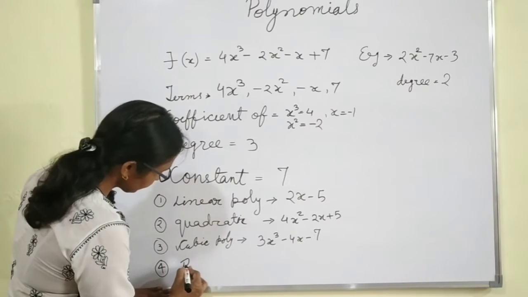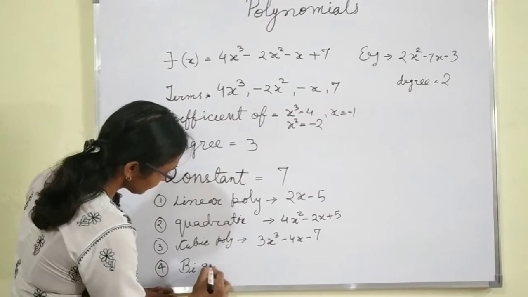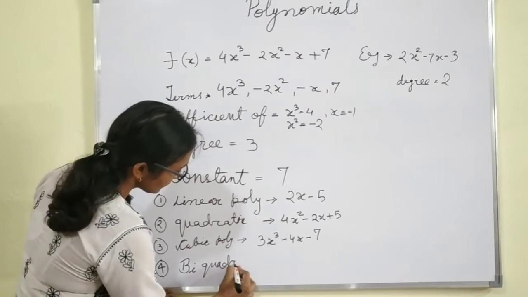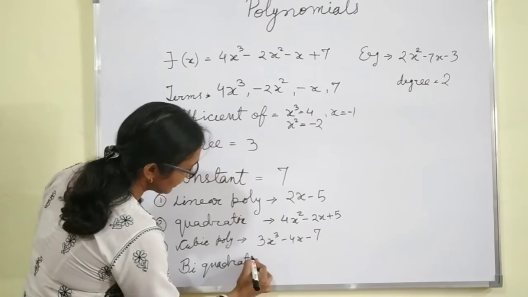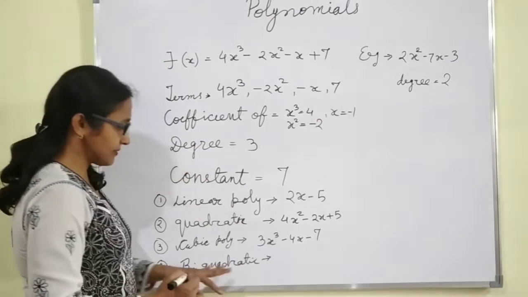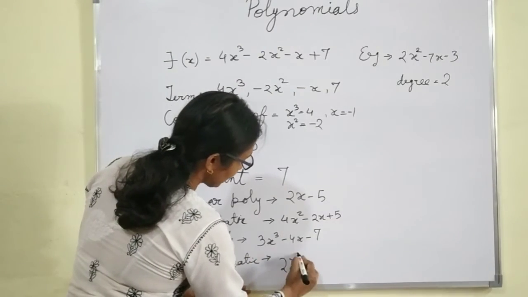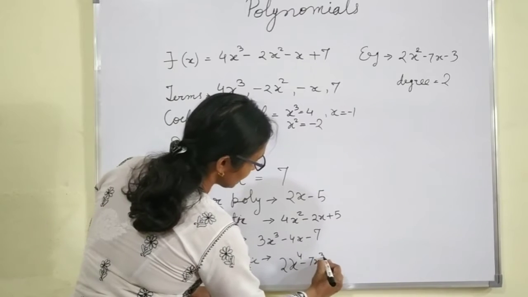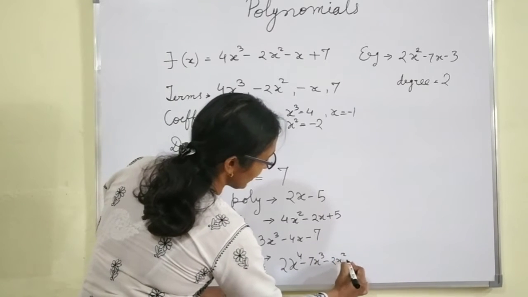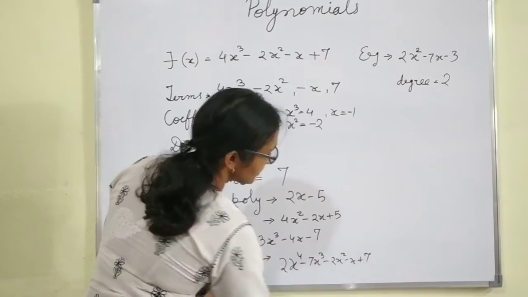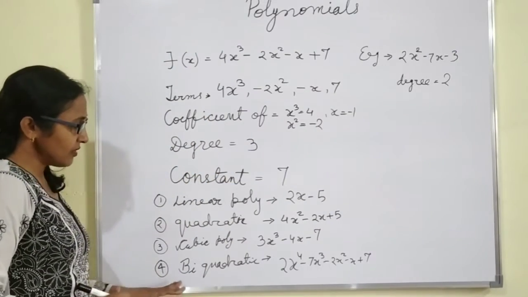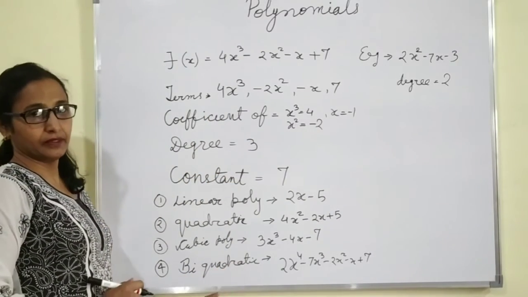In a biquadratic polynomial, the highest degree is 4. Means an example will be 2x power 4 minus 7x cube minus 2x square minus x plus 7. So this is a biquadratic polynomial.